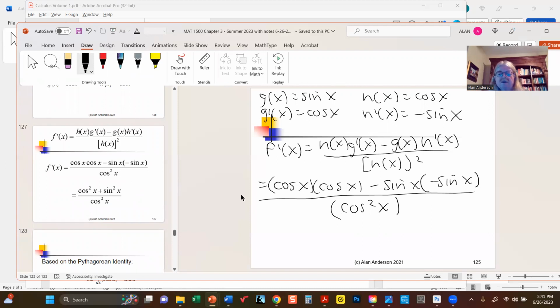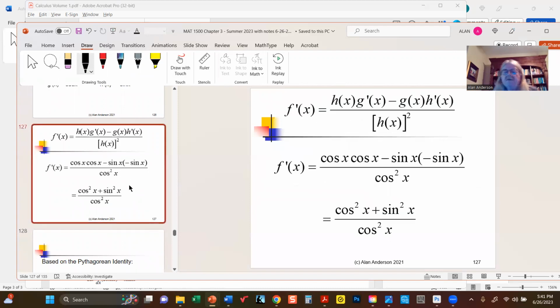So cosine x times cosine x can be rewritten as cosine squared of x. This is shorthand notation, by the way. These mean the same thing. And the same thing over here with the signs. Minus sine x times minus sine x is plus sine squared x, all divided by cosine squared x. Now, you probably think, well, we're done, right?